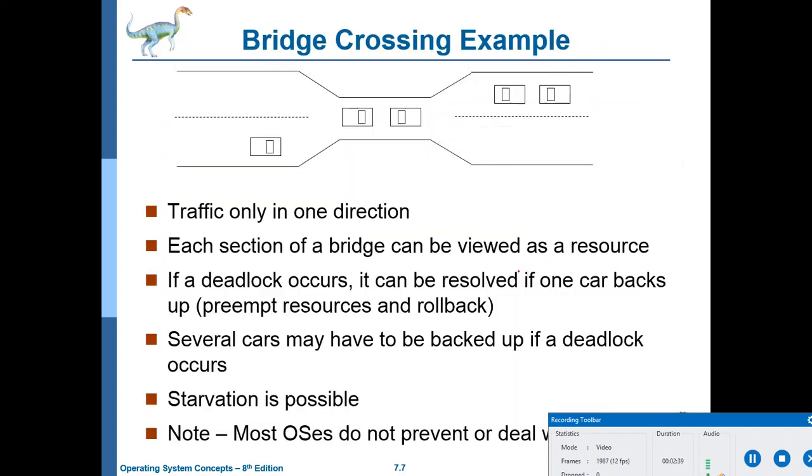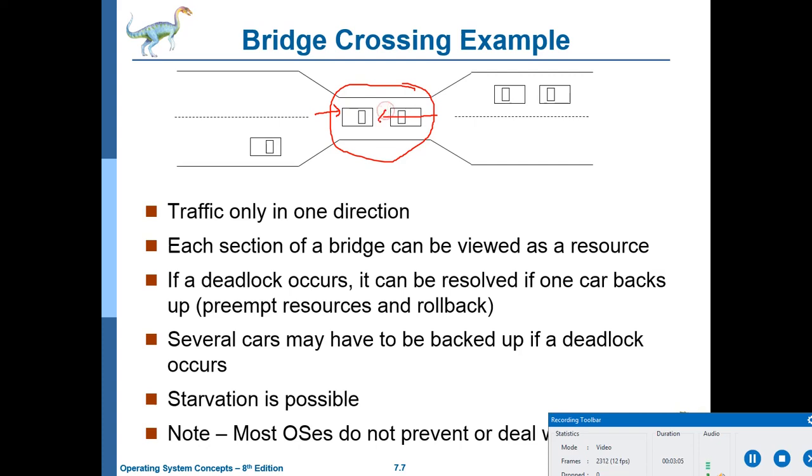Again, we can have another real life example, the bridge crossing example. Suppose we have a narrow bridge on which only one car can cross. If a car is coming from one side, and at the same time another car comes from the opposite side, what will happen to them?